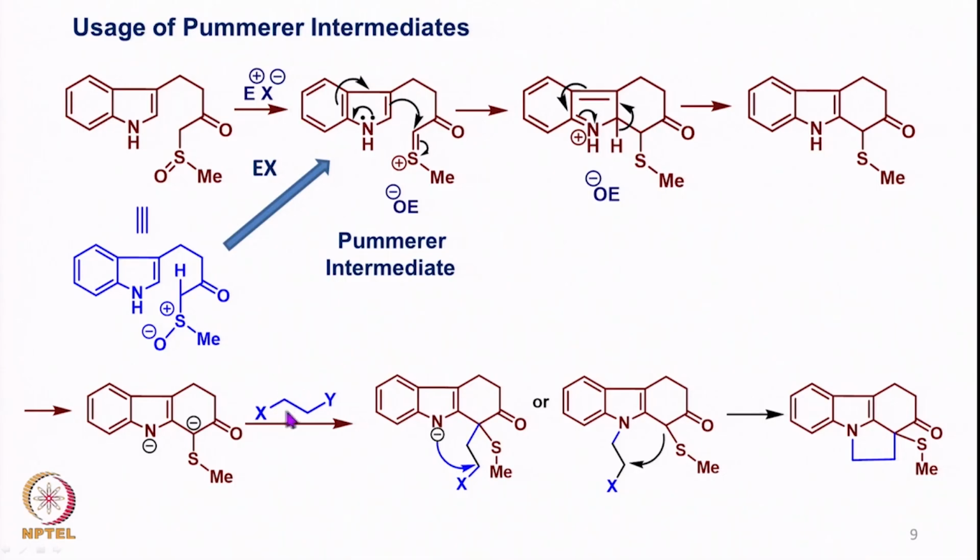We can of course have substitutions on these carbons, then we will get different types of final molecule. But eventually what will happen is that we will get a ring here of this kind.